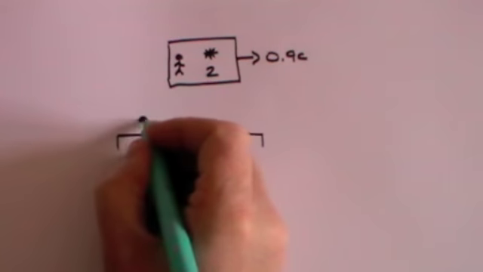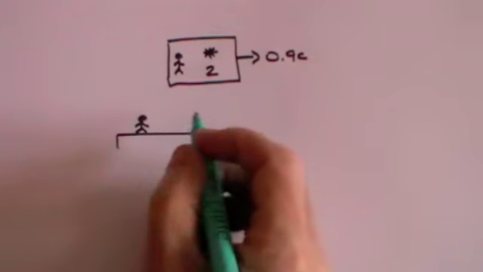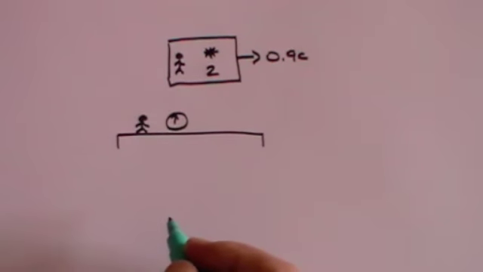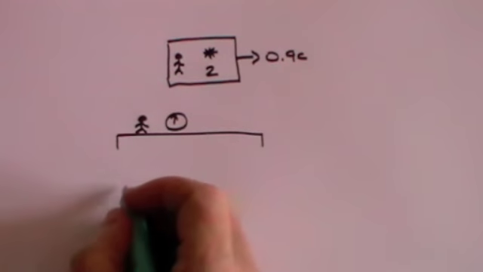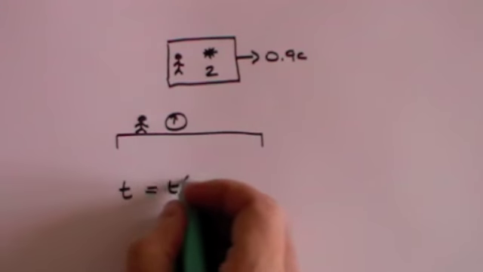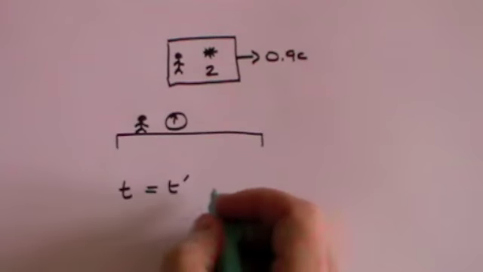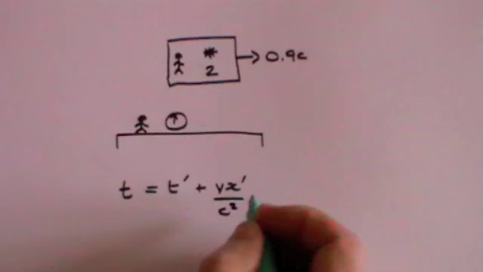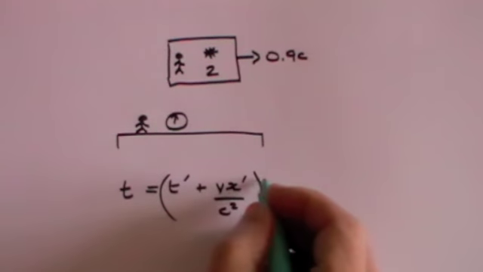Here is Bob on the platform, and he is going to measure that time using his own clock. And as we showed before, the time that Bob will measure, the remote time, is equal to the time that Alice will measure, which we call t prime, plus v x prime over c squared, all times gamma.